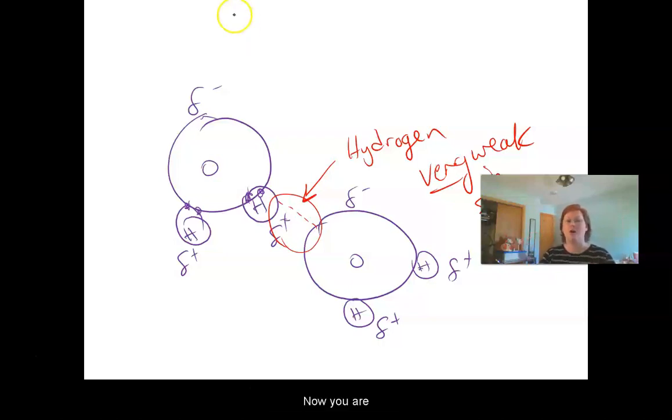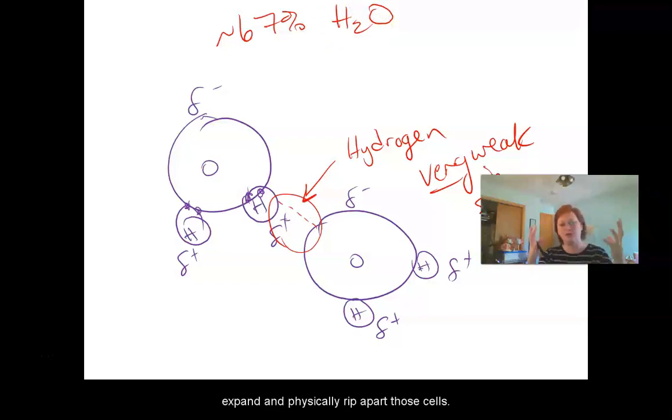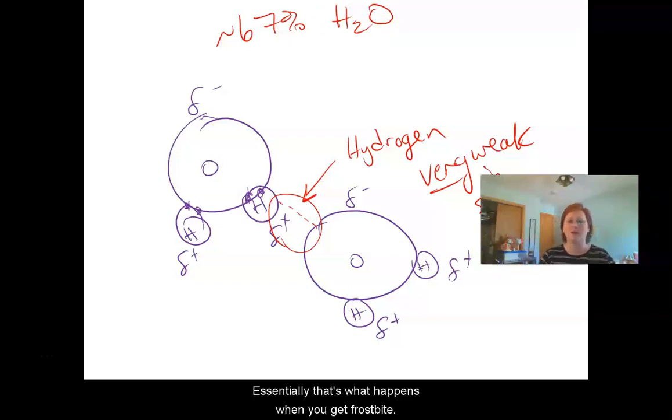Now, you are about 67% water. So why is that relevant? Well, if the water in your cells were to freeze, it would expand and physically rip apart those cells. And essentially that's what happens when you get frostbite.